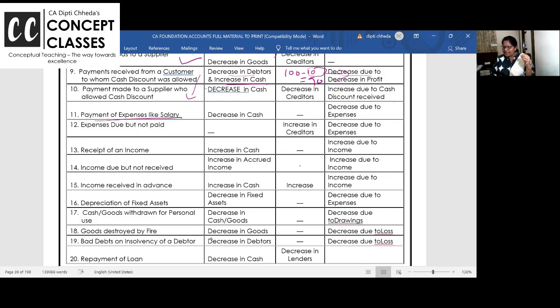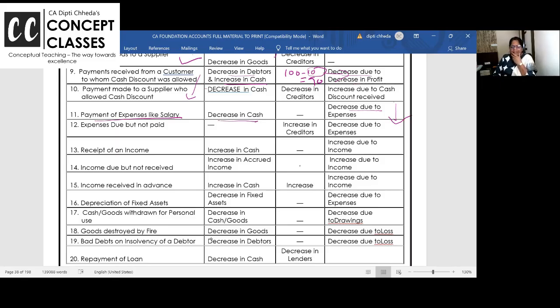If you pay salary, it's an expense. So, capital will decrease. See, in capital, because of profit, there is addition. Because of loss and expenses, minus karo. So, decrease due to expenses. And cash is also decreasing.